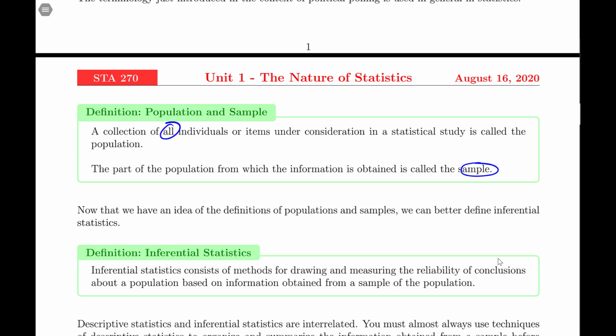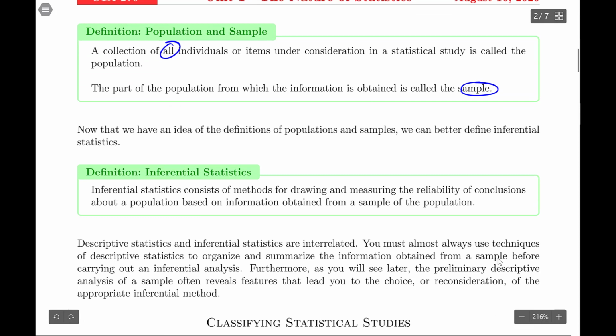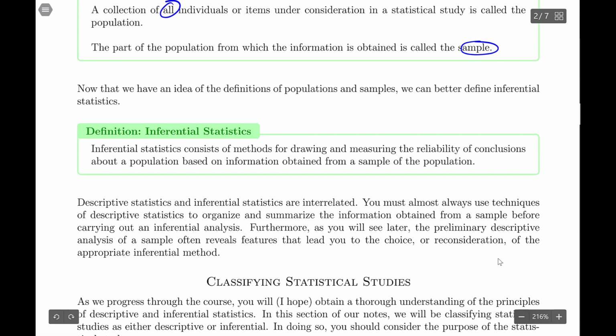They took that sample data and they made inferences. Now, in the case of the 1948 election, the inferences that they made were incorrect. Truman did, in fact, end up winning that election. So inferential statistics consists of methods for drawing and measuring the reliability of conclusions about a population. So we're talking about a population, but we're basing that information on a sample of the population.